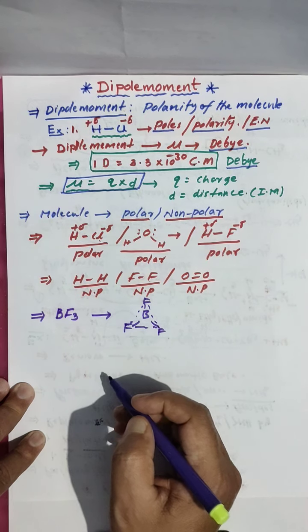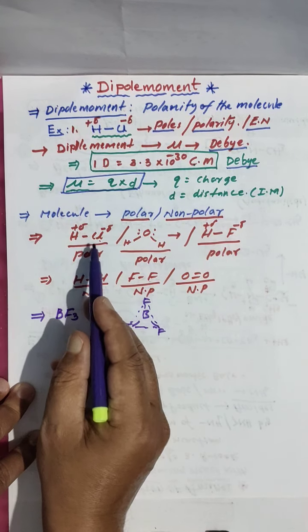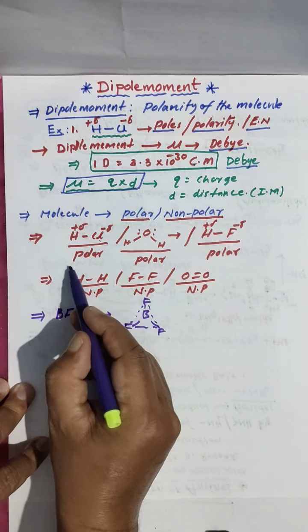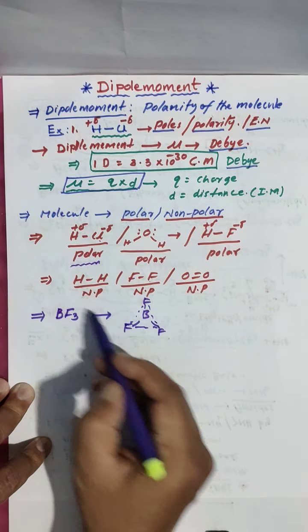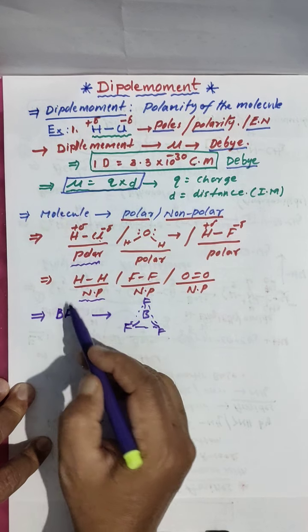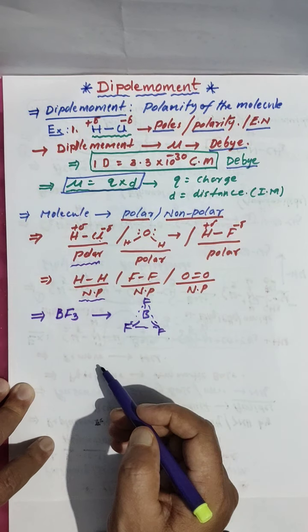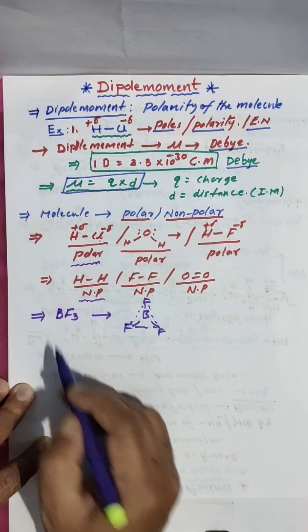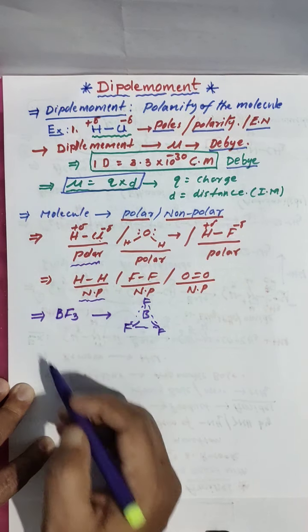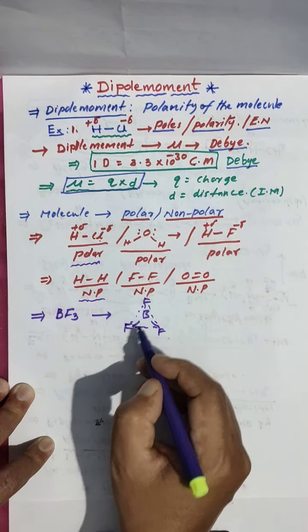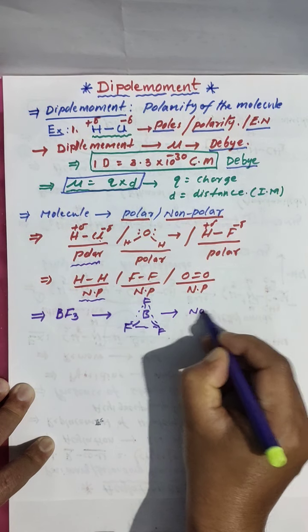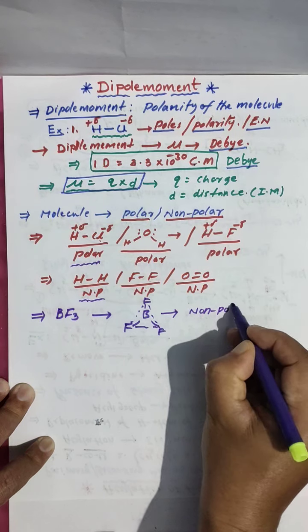Boron is less electronegative. What do we learn here? If electronegativity difference is there, it is a polar molecule. If electronegativity difference is not there between the atoms, it is non-polar. Here electronegativity difference is there between fluorine and boron. According to that, we can treat BF3 as polar, but boron trifluoride is non-polar.